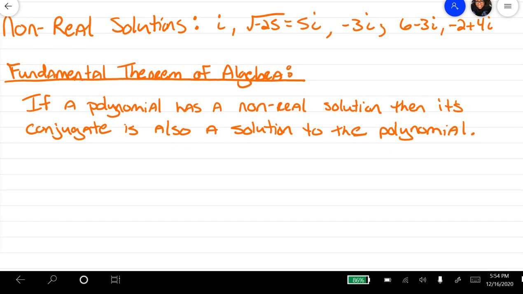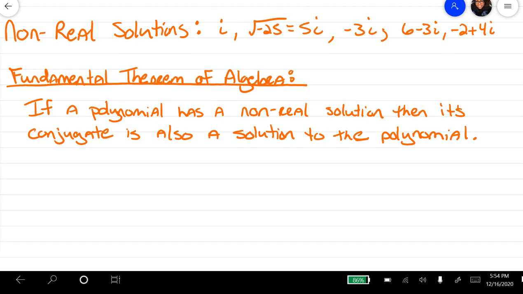This is the fundamental theorem of algebra.